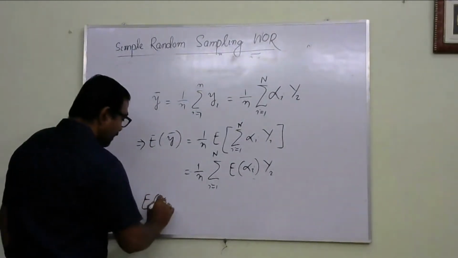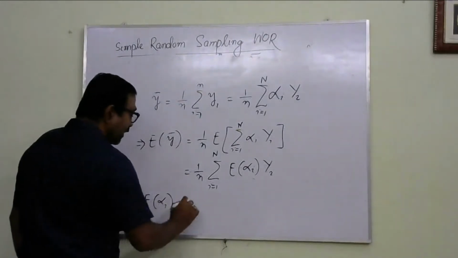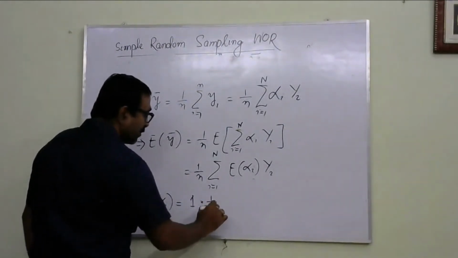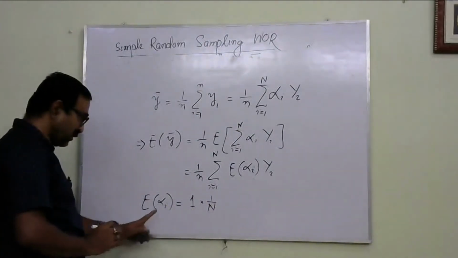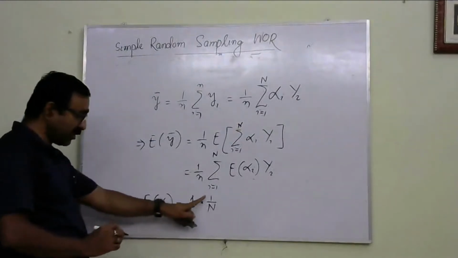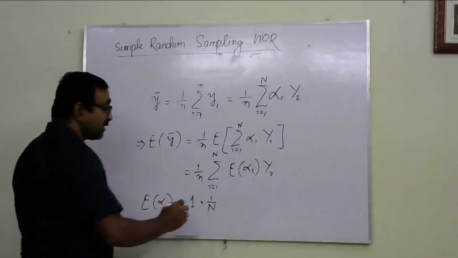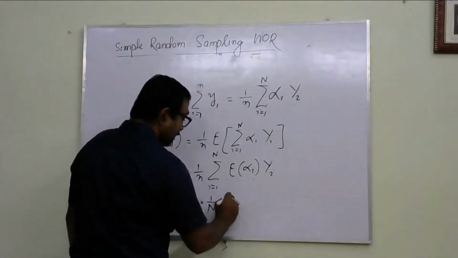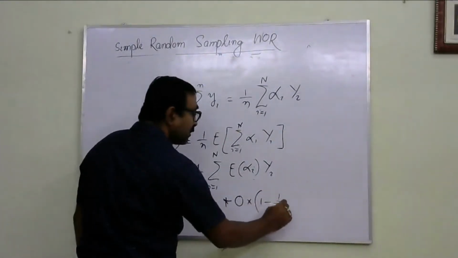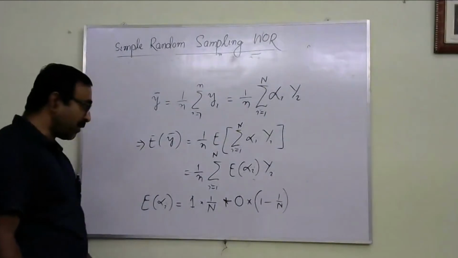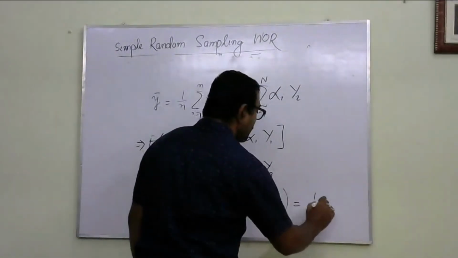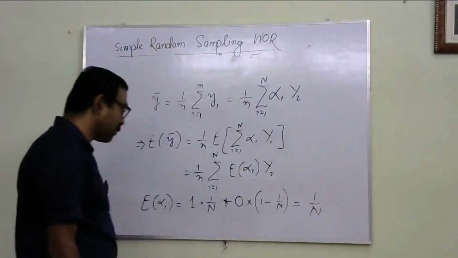Expectation of alpha i, that is equal to 1 with probability n by N, because the probability of selecting any specific unit of the population is equal to n by N, plus 0 into 1 minus n by N, the probability of not including the ith unit.